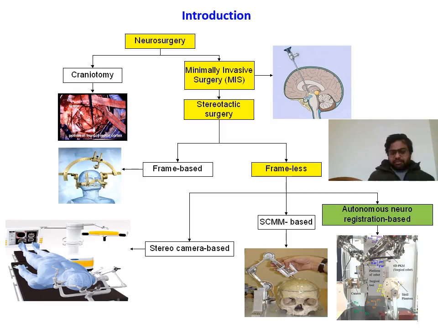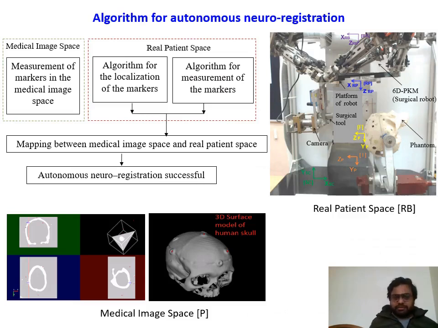I developed a method so that the robot autonomously moves toward the first, second, third, and whatever fiducials are there. It measures their coordinates, and then we can do mapping to locate the surgical tool. This is the algorithm for autonomous neuro-registration.